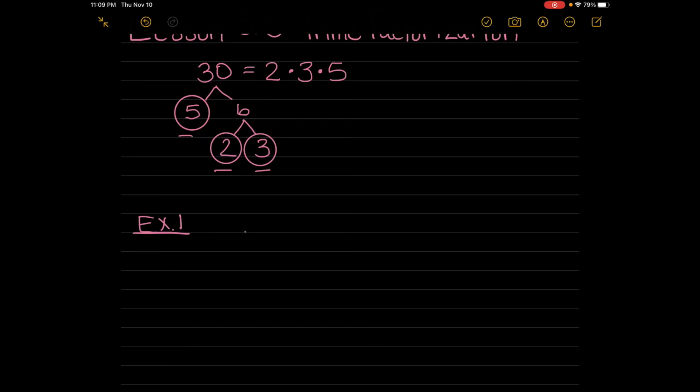Okay, example 1, we're going to do 42. So I need two numbers that when multiplied make 42. You might say 7 and 6, right?